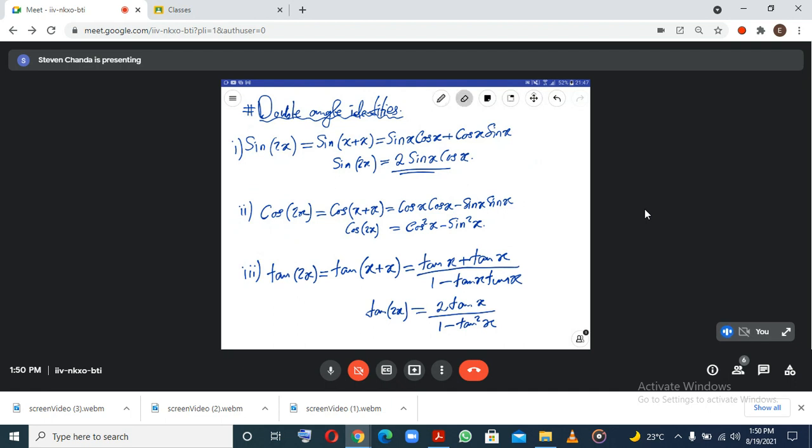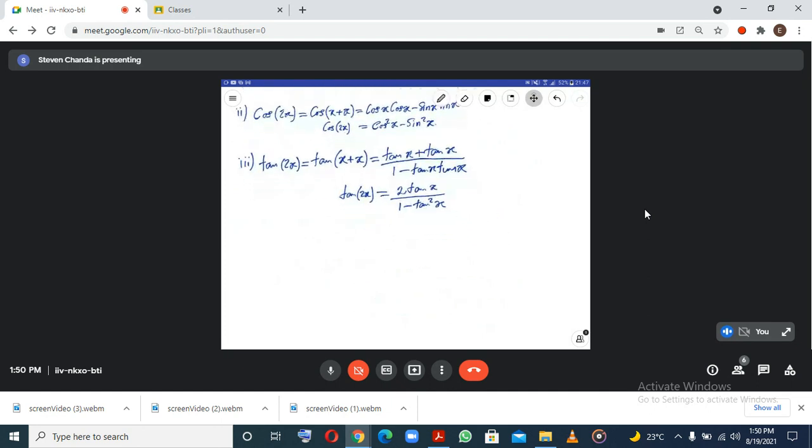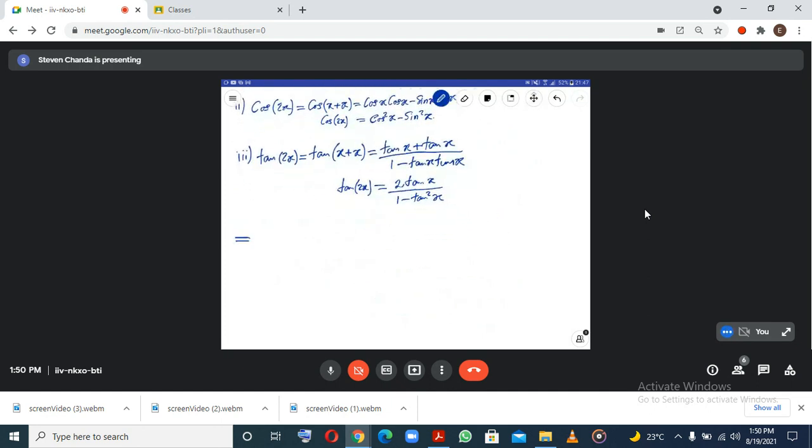Now there is something that's interesting about the cosine, because the cosine double angle has got other forms, and these forms are very, very important when it comes to solving equations, because you're going to find certain equations where you have to solve a question and it's cos 2x plus 2 sin x plus 4 is equal to 0. How do you go about that?